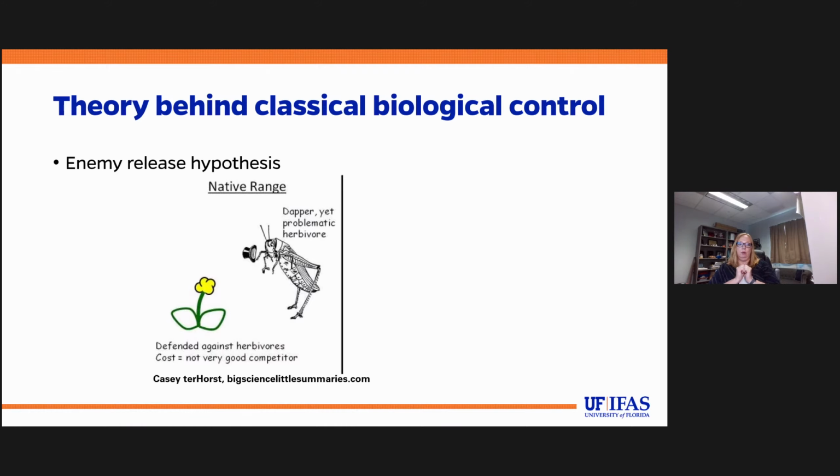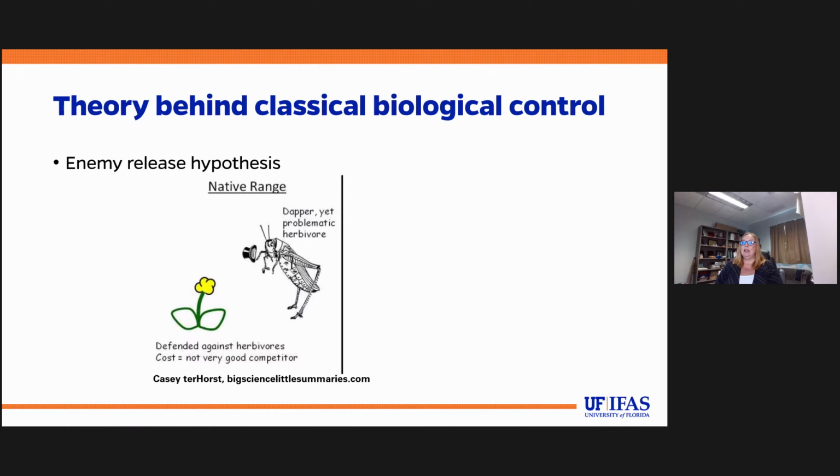It always grows in the right spot. It's just a very natural part of the environment. And part of the reason for that is because in Brazil, Brazilian peppertree has a whole suite of co-evolved natural enemies. So we're talking the pathogens and the herbivores that feed on the plant species in Brazil.